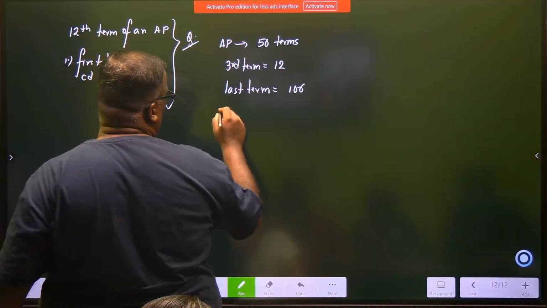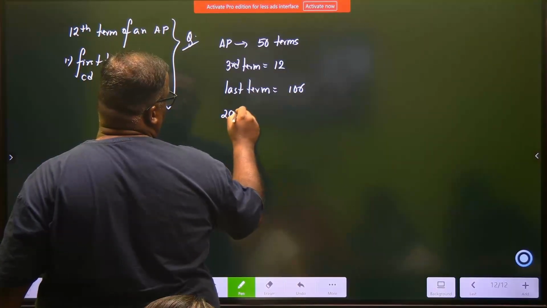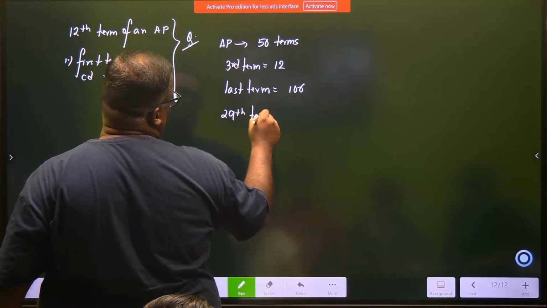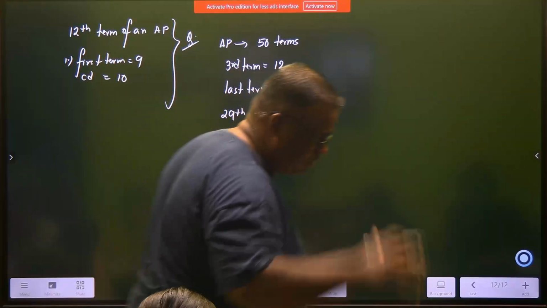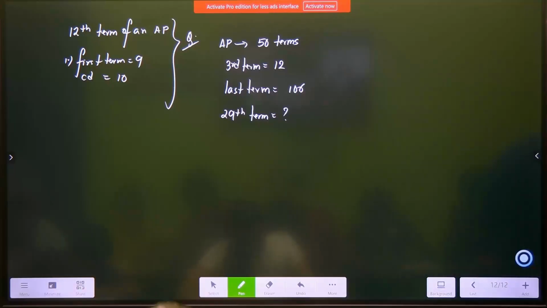I want you to find out the 29th term. Basically two unknowns. Whenever you have two unknowns, so it will be two equations.